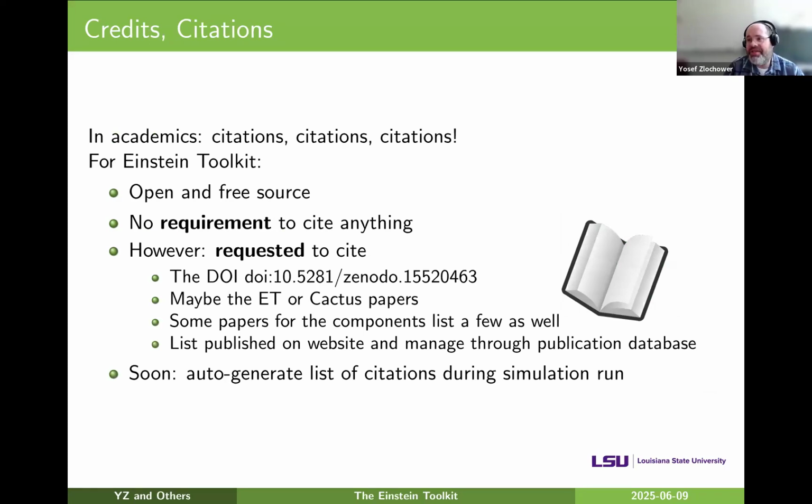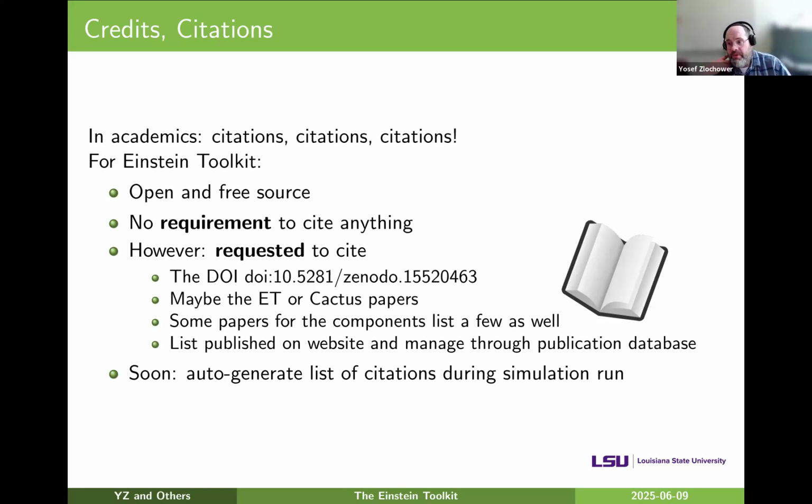Okay, citations. The Einstein Toolkit is open source and free to use. As part of that, there's no requirement to actually cite anything. However, this is academia, and you really should be citing. So you're requested to cite, at the very least, minimally, the DOI associated with each Einstein Toolkit release.